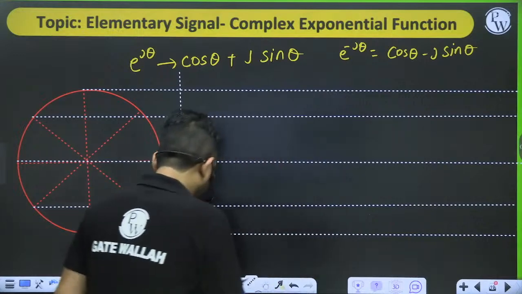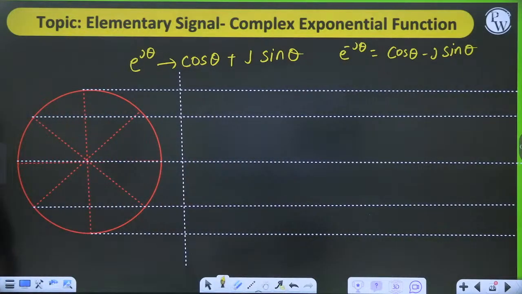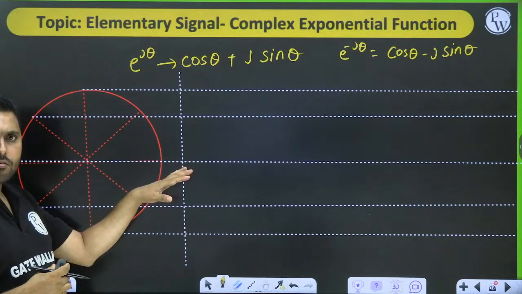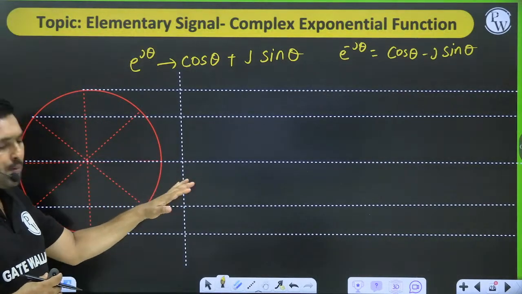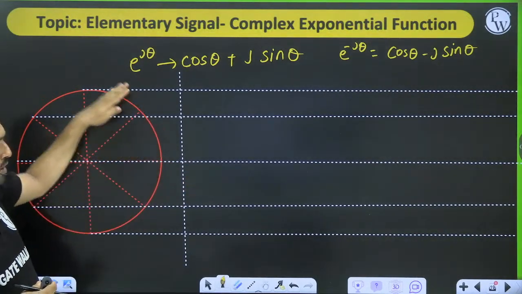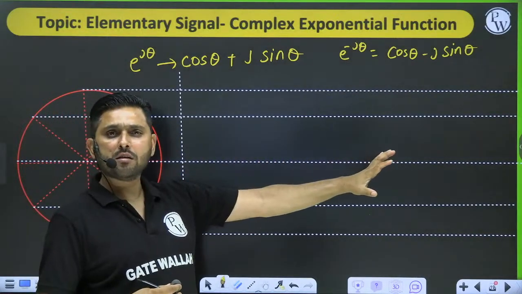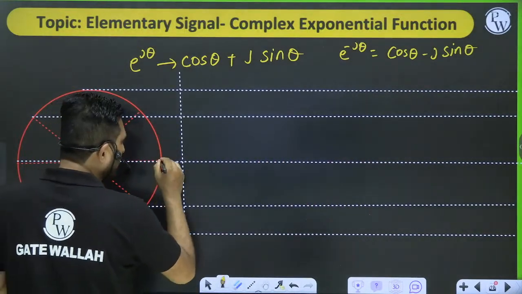So what I am saying is that if I have to open this circular motion into a linear motion, then let's mark the points.